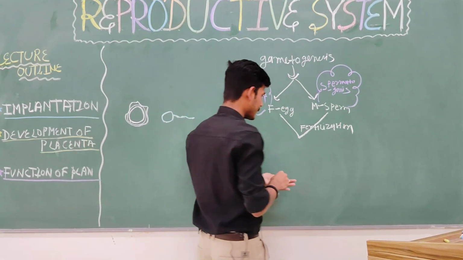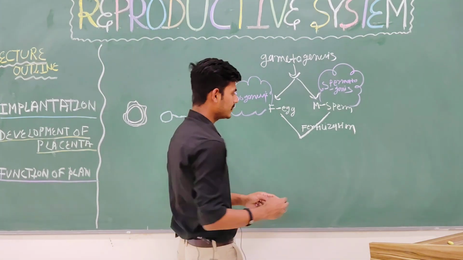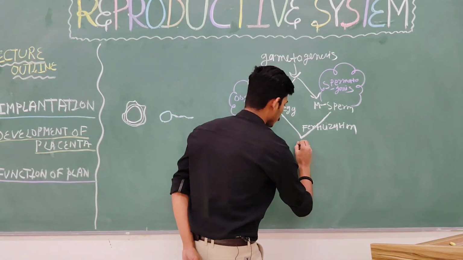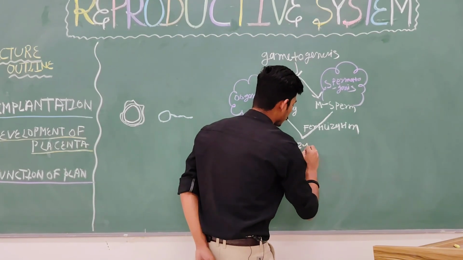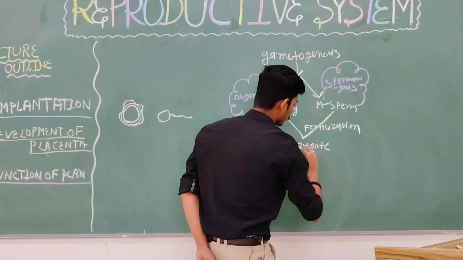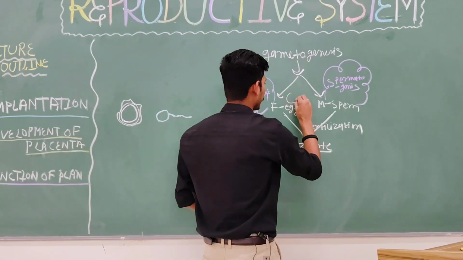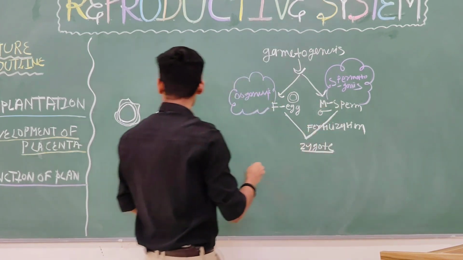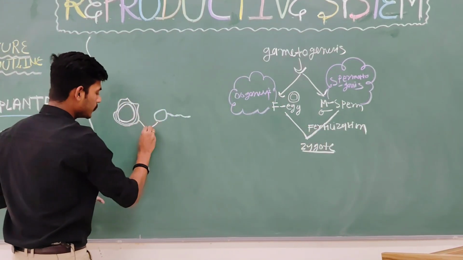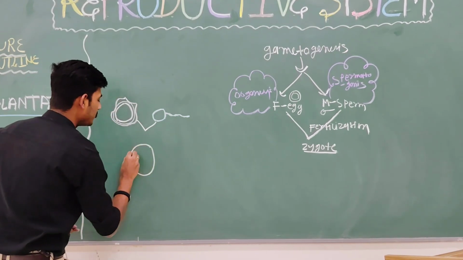Which we already discussed. Now, after the fusion of these two gametes, there is a formation of one zygote. This egg and this sperm, each a single-cell structure, fuse and form one diploid structure.